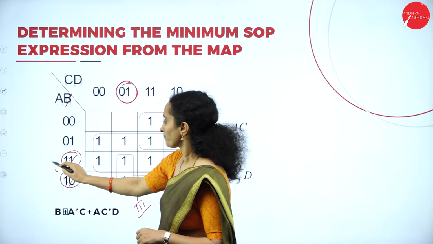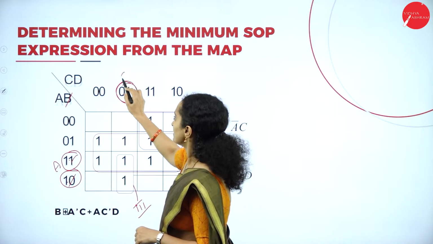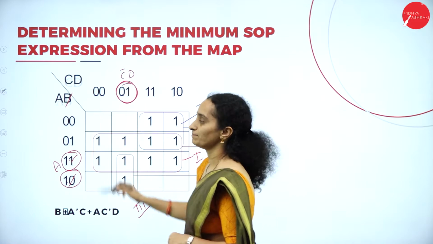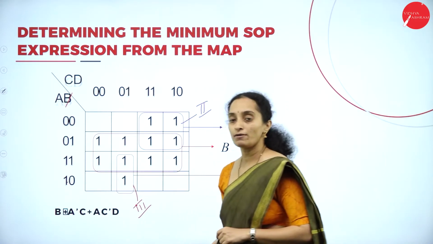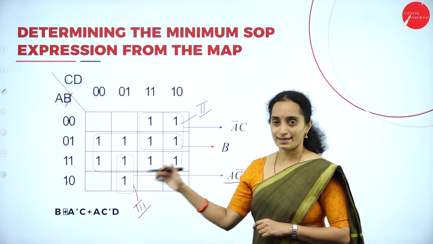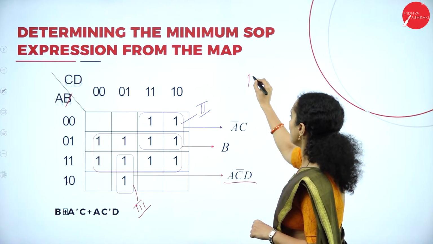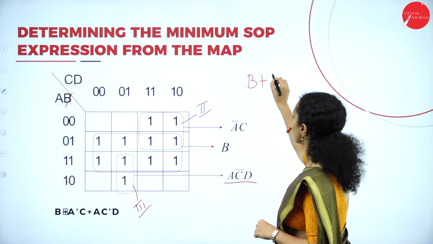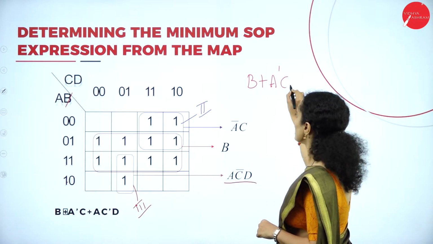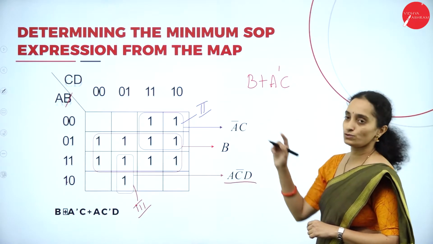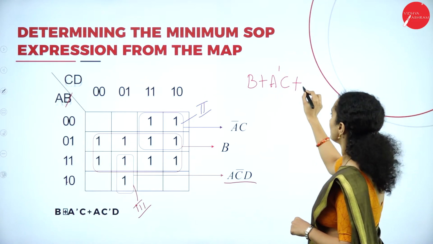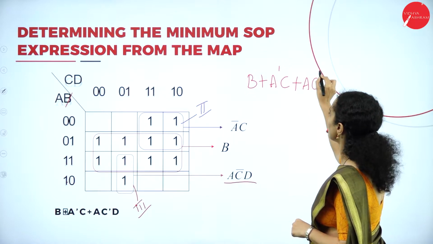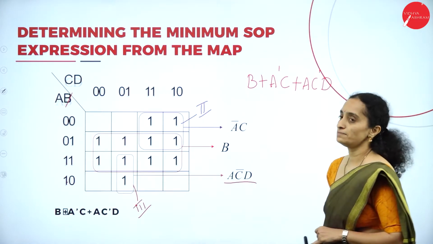So it will be A, C dash D. When you combine all the three expressions, you will get B plus A dash C plus A C dash D. You can use this one also.